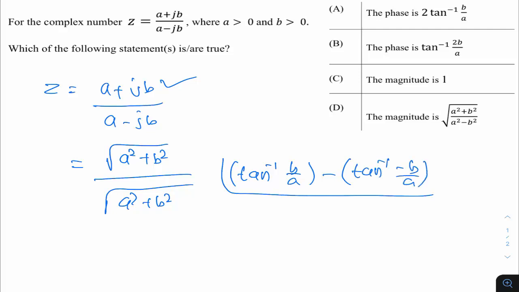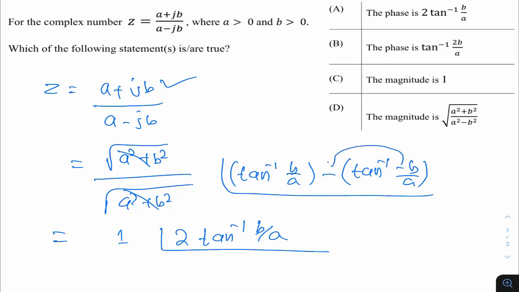Now this and this will cancel, so the magnitude is 1. Tan inverse is an odd function, so this minus will come out, so this becomes plus, which is equivalent to 2 tan inverse of b by a.